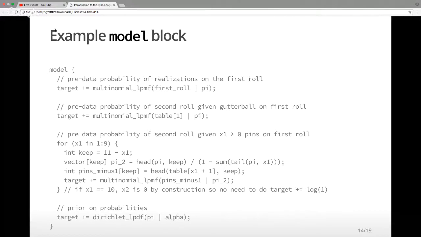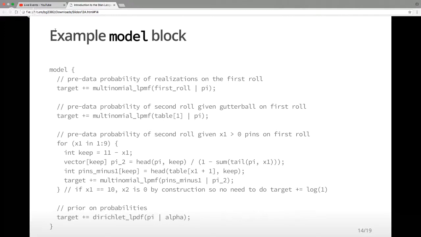So first, and when doing this model block, it's good to think about this from the perspective, which may not be totally true, but you're writing this before you actually observe what the values of the data are. So you can think of these as sort of pre-data probabilities. So increase target by the multinomial PDF for what happens in the first roll, given pi.